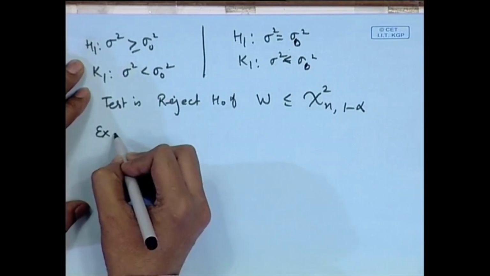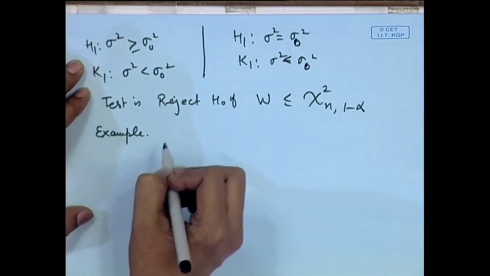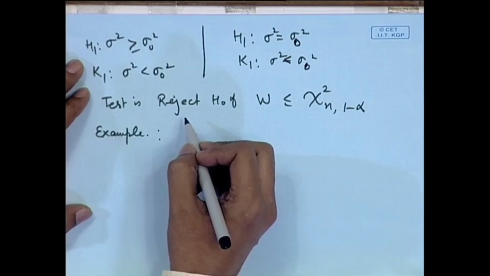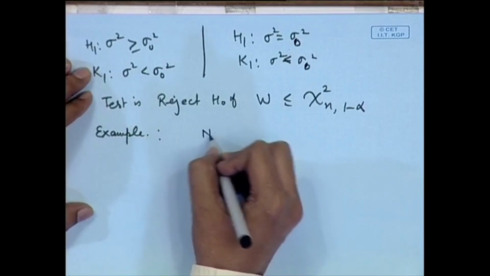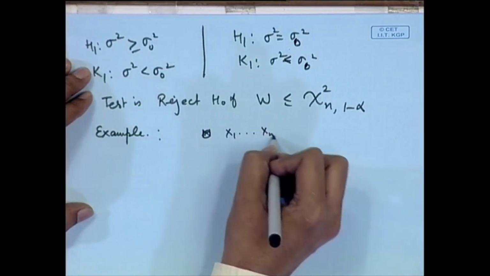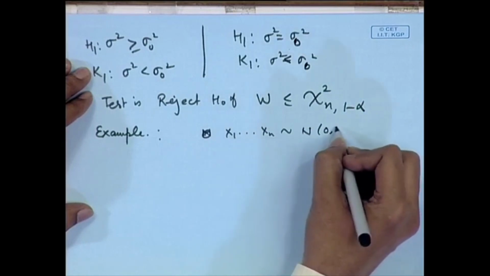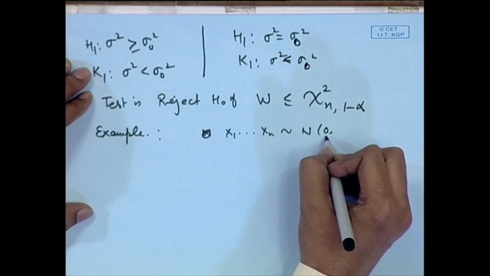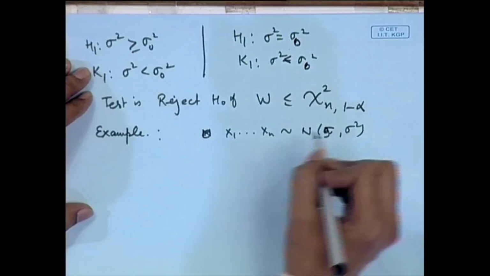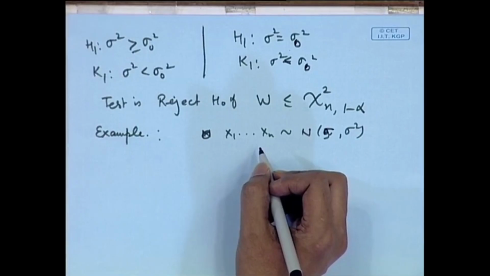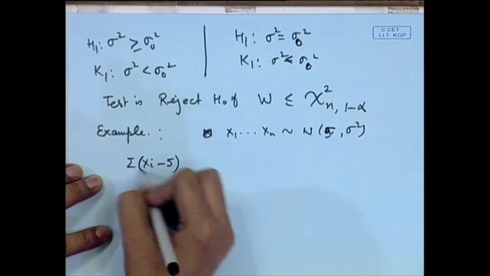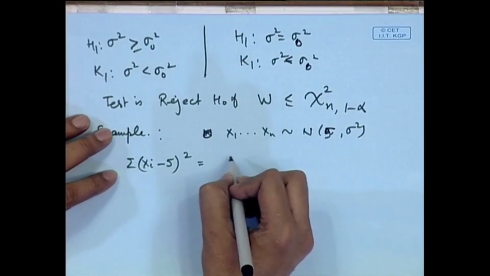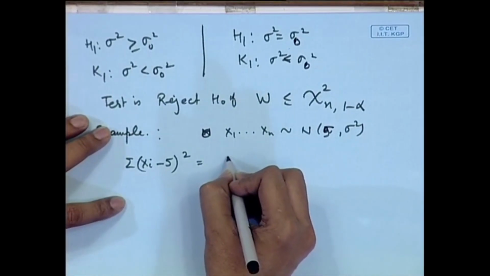Let me take one example here. Suppose we are considering say x 1, x 2, x n following normal 5, sigma square, and we are observing here sigma x I minus 5 square is equal to say 10.